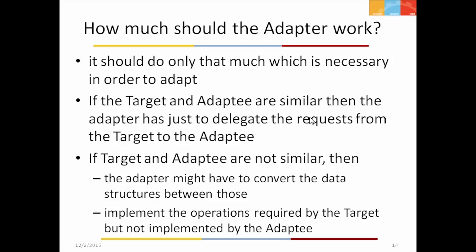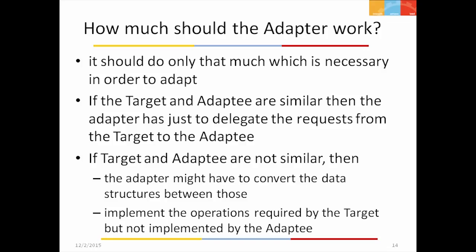Sometimes it may be required to implement operations that are required by the target but not yet implemented by the adaptee. In that case, it kind of becomes a proxy. It implements the feature at the adapter level itself. It will not really pass the request to the adaptee, because the adaptee may not have implemented that operation.